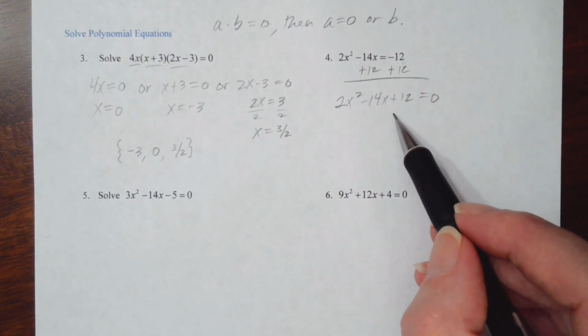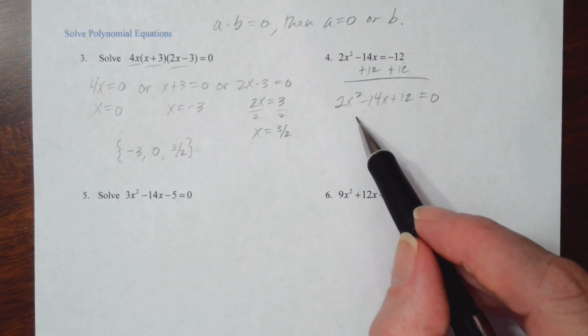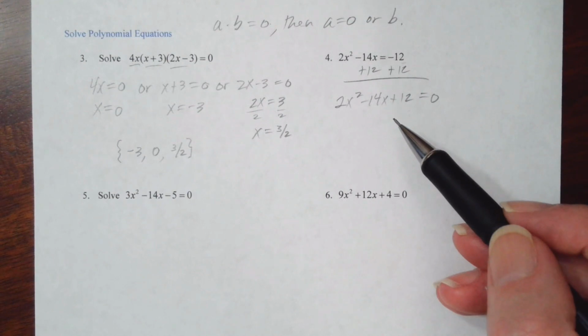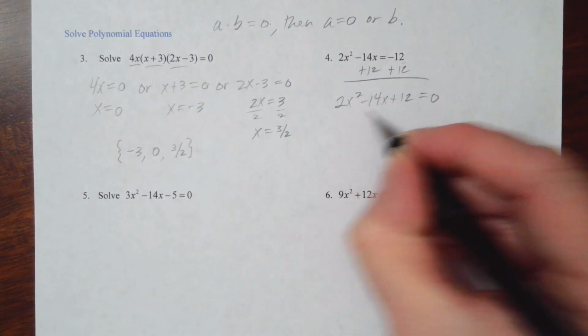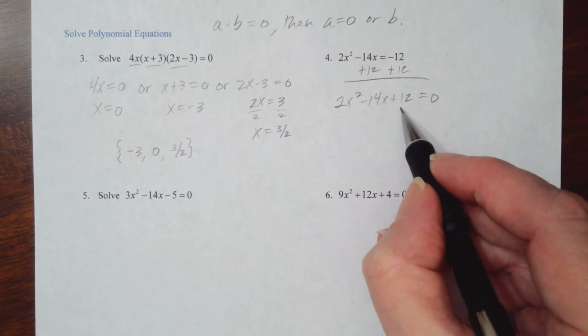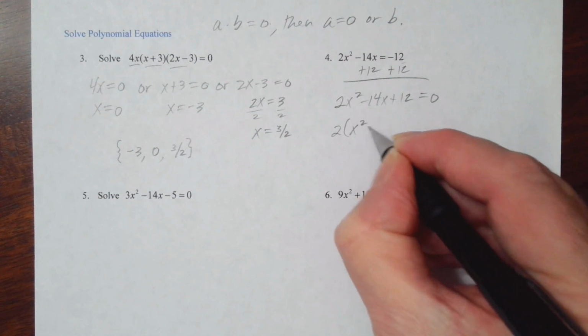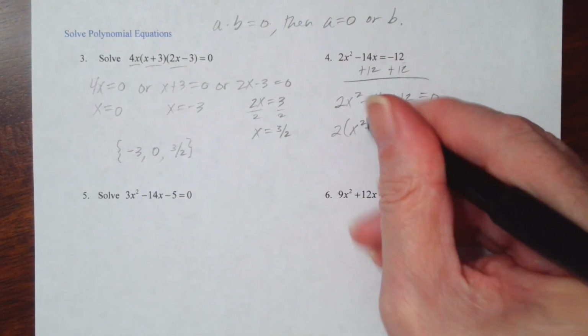Now, if you remember your factoring, there's a number of different kinds of factoring that you should be familiar with. One of the first ones you learn is if there's a common factor, you want to factor that out. And that's what we want to do here. You don't want to jump right into factoring this trinomial. We could factor out a 2. Whoops, let's make that a 7.